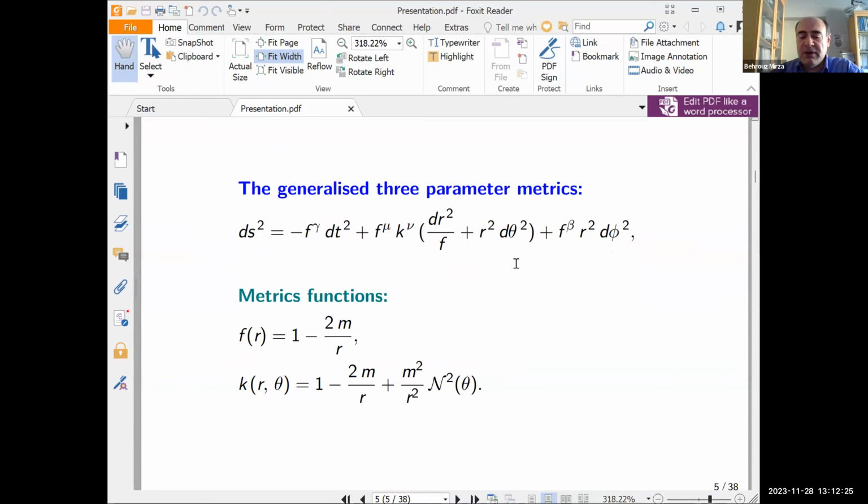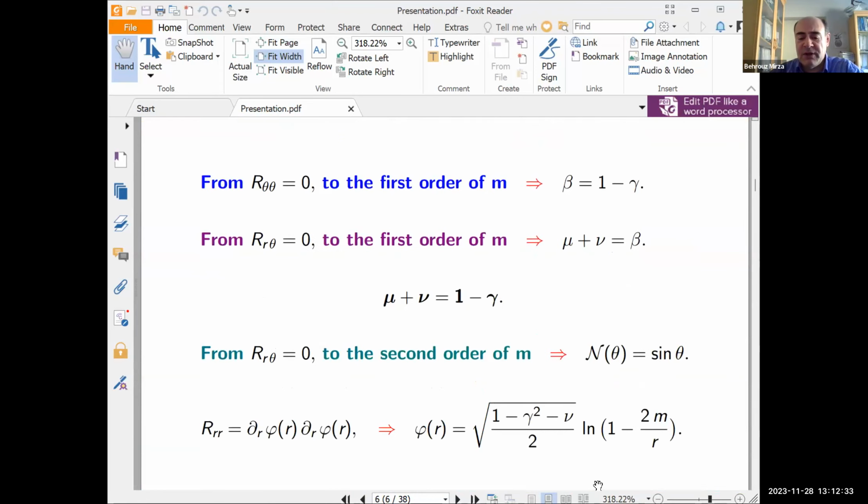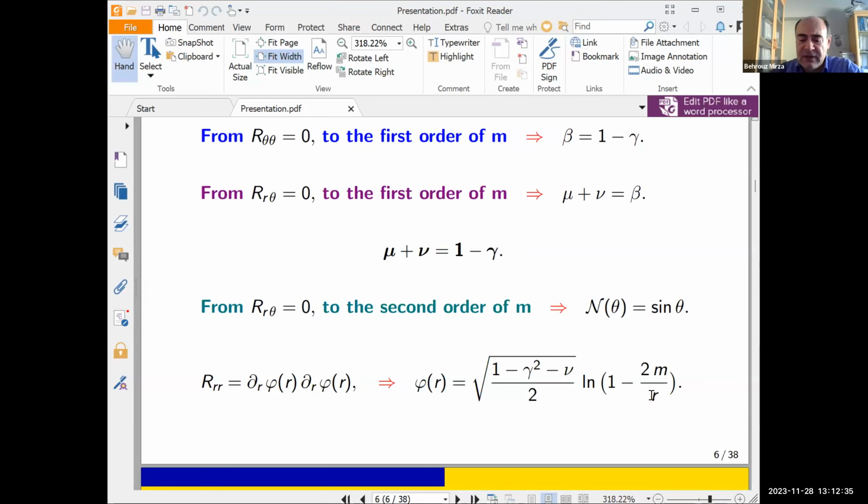You should think about the gamma metric. The gamma metric has quadrupole moments, but there is no scalar field. Here we have only one scalar field that depends on r, and the only non-vanishing Ricci tensor component is R_rr. All other components vanish.